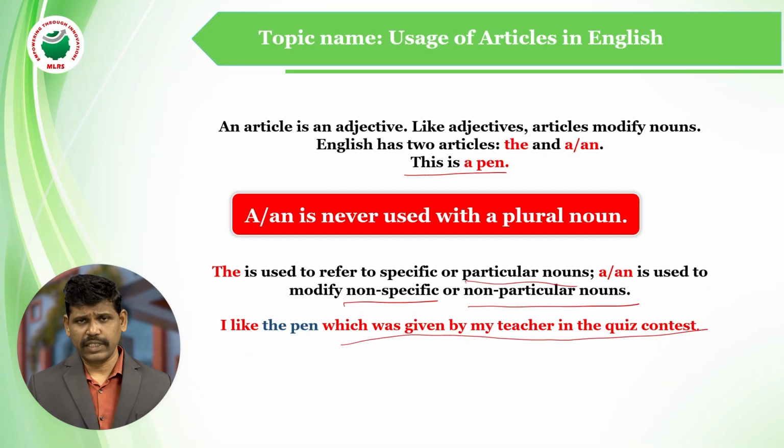This is a sentence in the general sense. But when you want to particularize: I like the pen. The pen means the particular pen. I like the pen which was given by my teacher in the quiz contest.